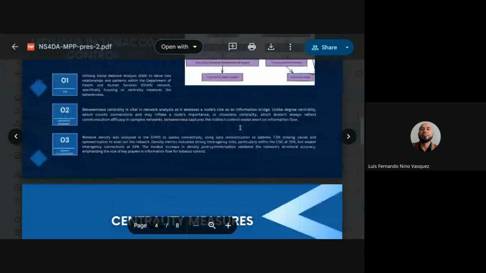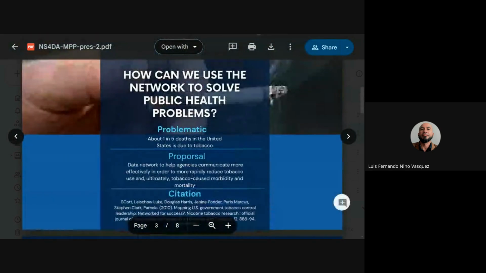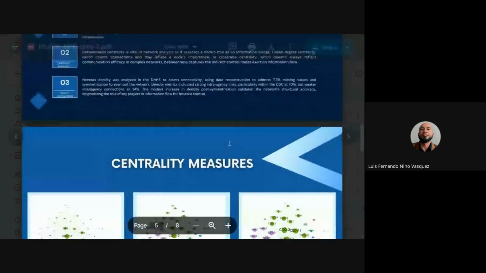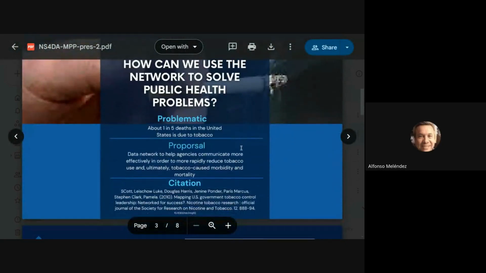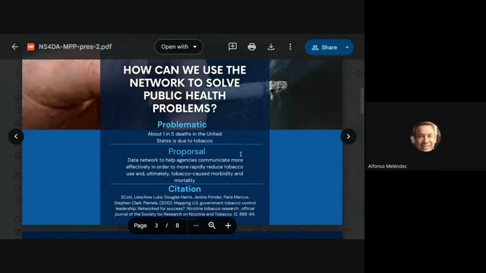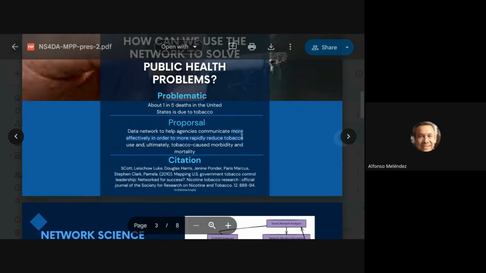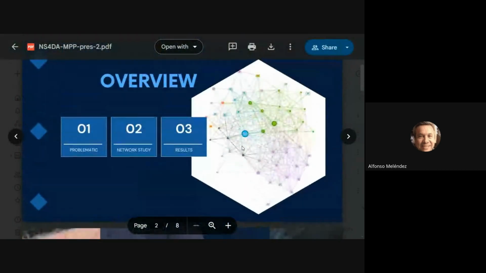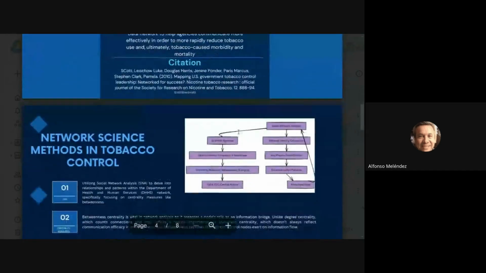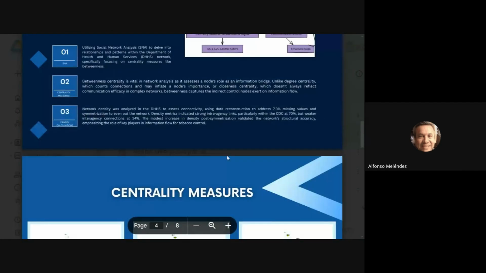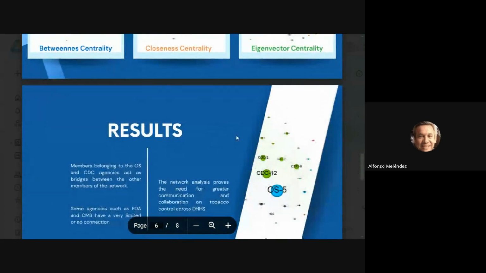Okay. I just wanted to ask the professor, what is the network data set? It's an interesting topic, and I guess it's original to investigate the effects of smoking not through networks of persons but through networks of agencies.